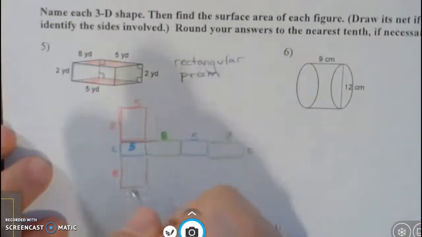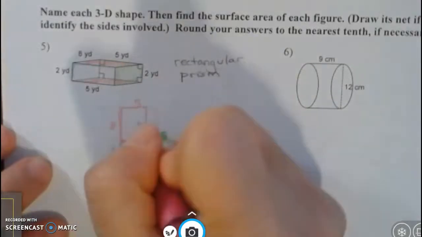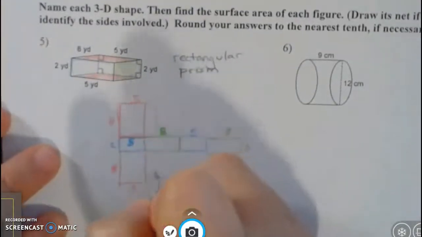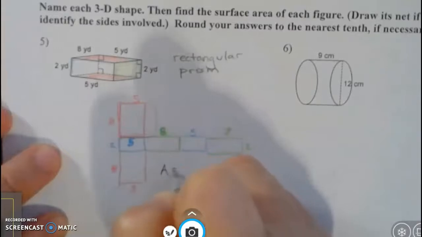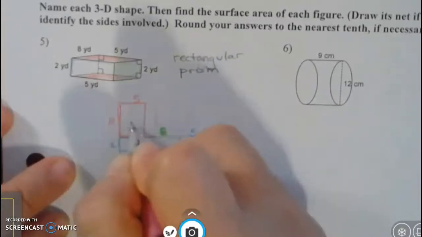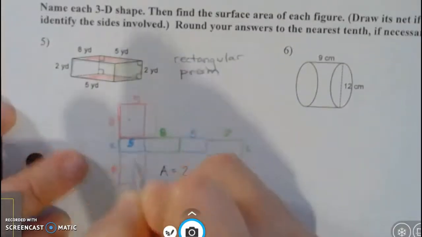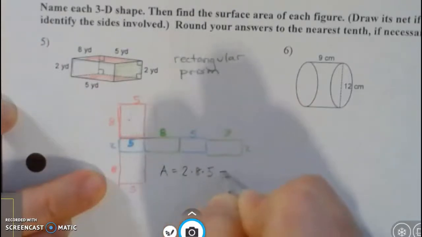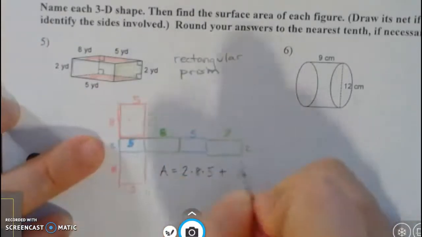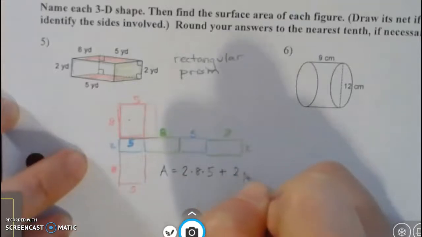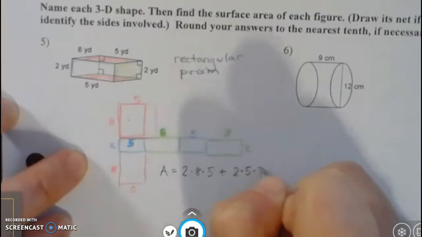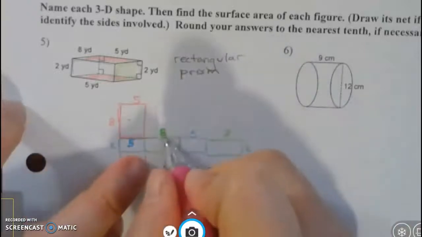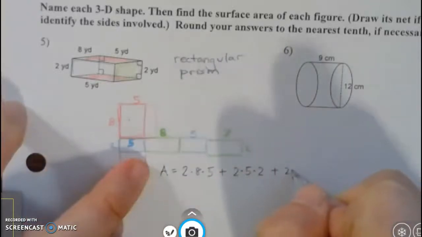Okay, alright, so then what is the surface area? Well, the total area is going to be, I have 2 of the regular rectangle, which is 8 by 5. And I have 2 of the blue rectangle, 2 of the 5 by 2, and then 2 of the 8 by 2.